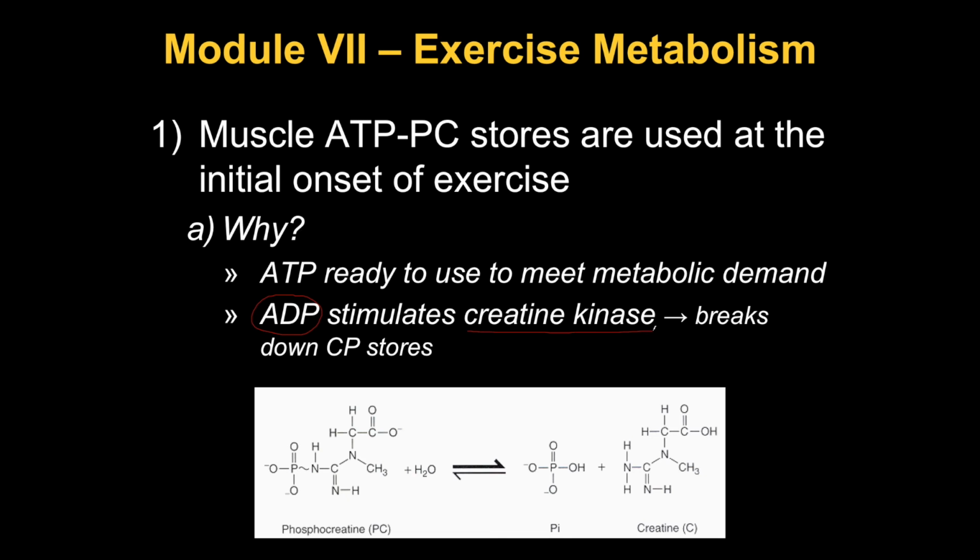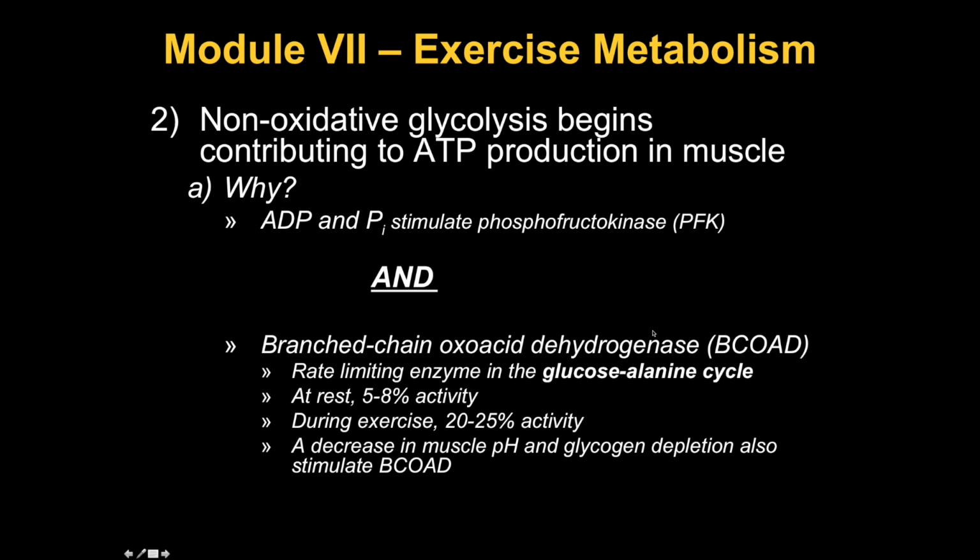And you start thinking about, well, if I increase the concentration of ADP in the muscle, that's going to stimulate things. And in this case, it's stimulating creatine kinase, which then tells the body to break apart creatine phosphate.